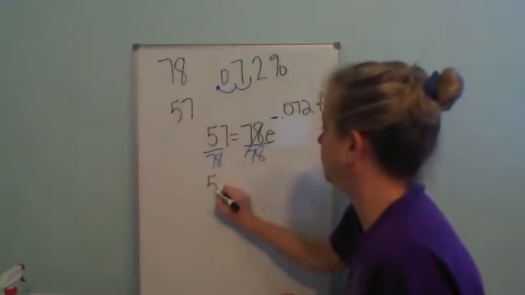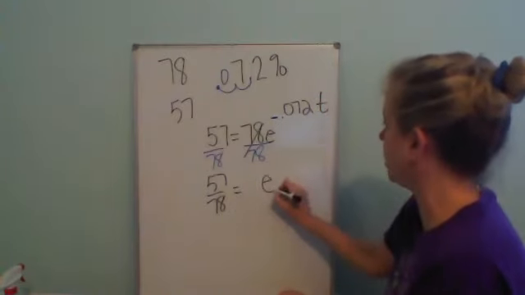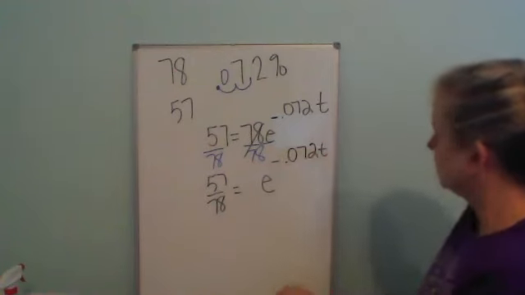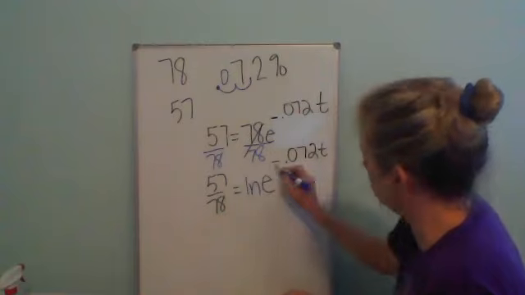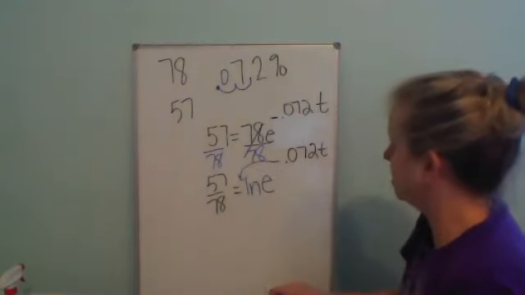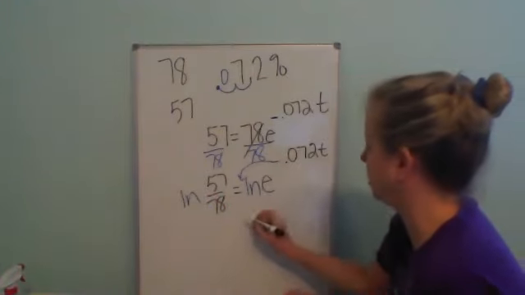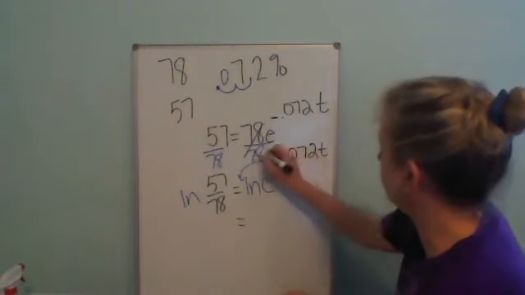So now I have 57 over 78 equals e to the negative 0.072t. Now ln both sides, because what am I trying to do? I need to get this whole thing out of the exponent. So I'm going to ln both sides. So now on the right, let's see if this comes down in front.